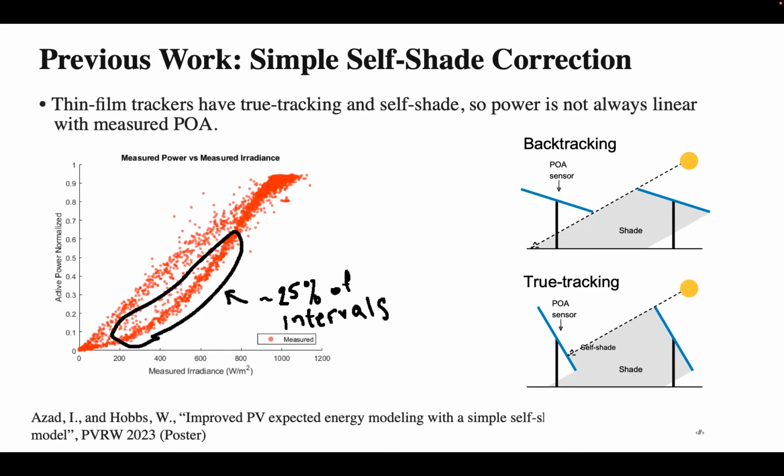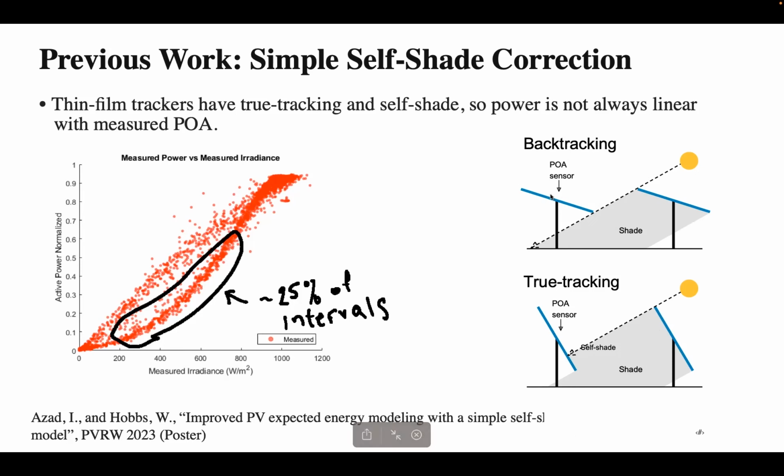But some previous work. So we had a poster at PVRW where we talked about a simple self-shade correction based on some modeling work done previously with Kevin Anderson. But the background there: thin film trackers that have true tracking are going to result in self-shade. So backtracking up, yeah, if you can see that there. So typically with backtracking, oh goodness, and you can't see my POA sensor either.